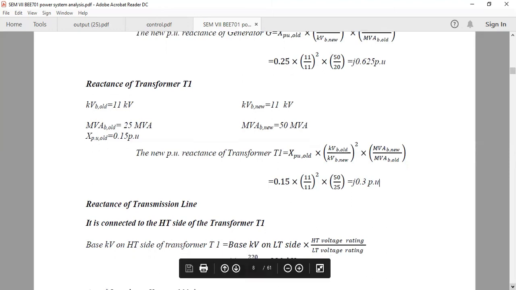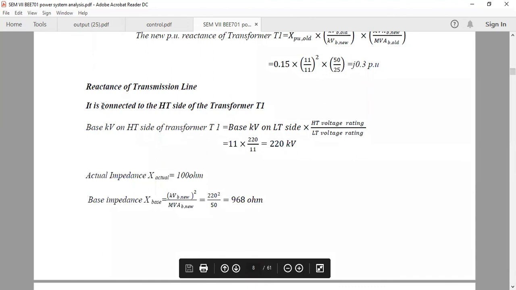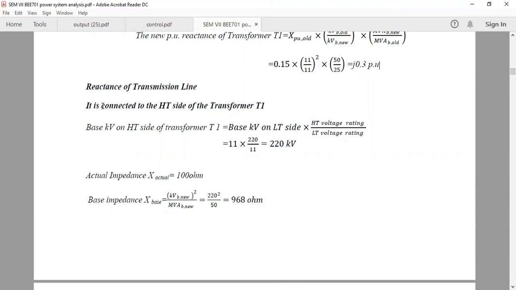Then the reactance of the transmission line. It is connected to the HT side of transformer T1. Therefore we need to consider the HT, that is high tension, side of the transformer for the base voltage.